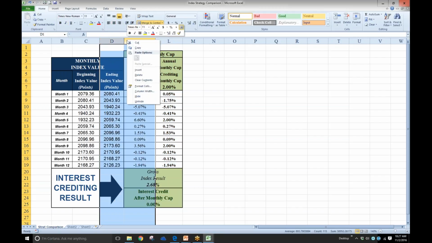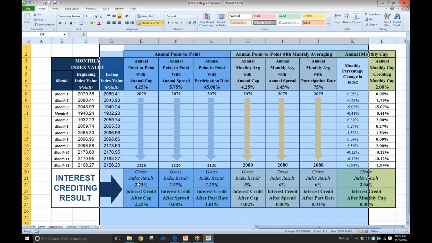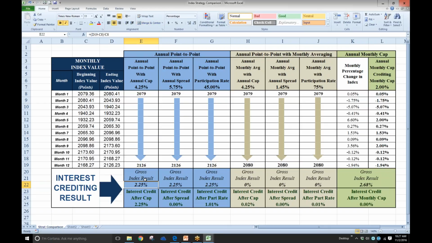Let me unhide these. Our annual point-to-point went up 2.225% in this last 12 month scenario. If we had a 3 or a 4% trigger rate in effect, they would have gotten more. You see what I'm getting at? It can be a pretty good thing.